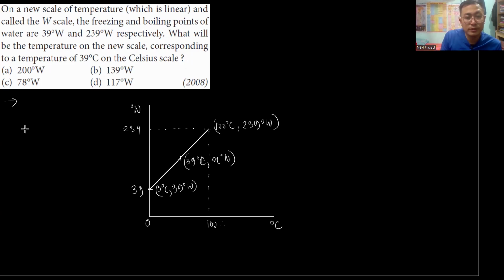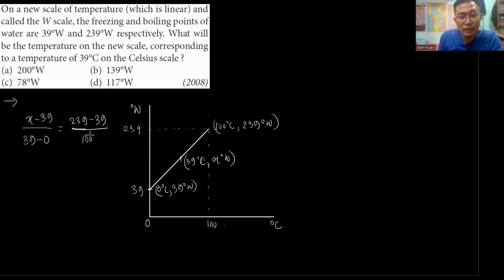So very simple. So x minus 39 divided by 39 minus 0 should be equal to 239 minus 39 divided by 100 minus 0.